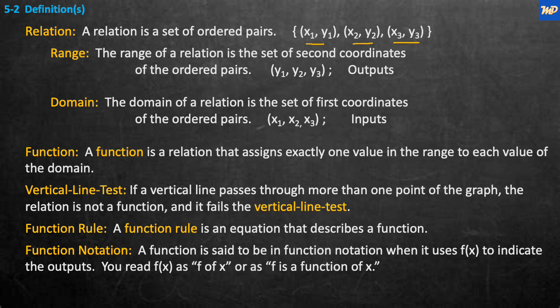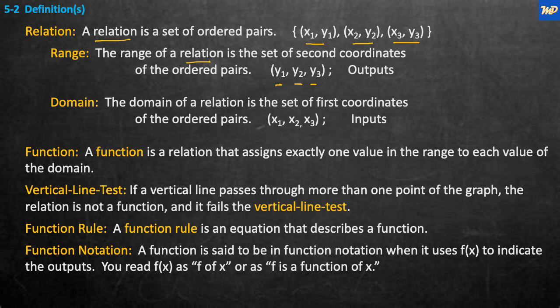The range of this relation, we have a relation here, and the range of the relation is the set of second coordinates of the ordered pairs. So that is the y values, y1, y2, y3. Those are what we're going to think of as the outputs of our relation, or if it's a function, the outputs of the function.